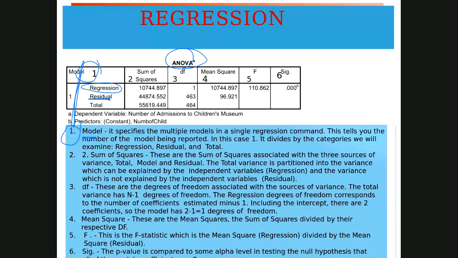The next column is the sum of squares, and this is the sum of squares associated with the sources of variance. The total variance is partitioned into the variance which can be explained by the independent variable, and the variance which is not explained by the independent variables, which is the residual.